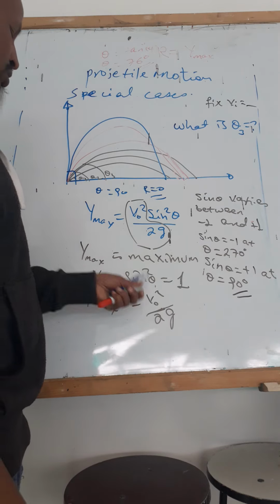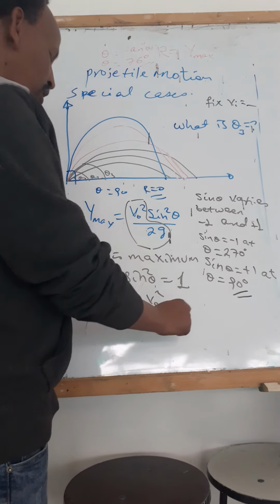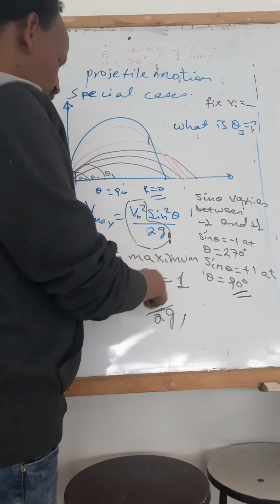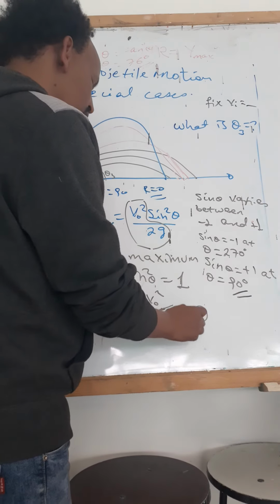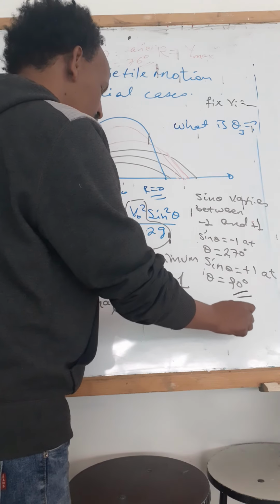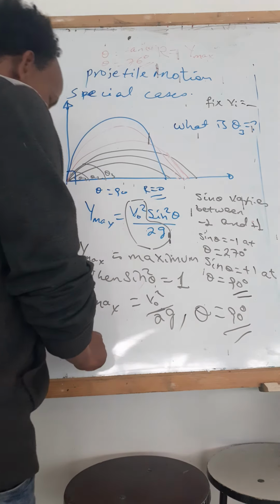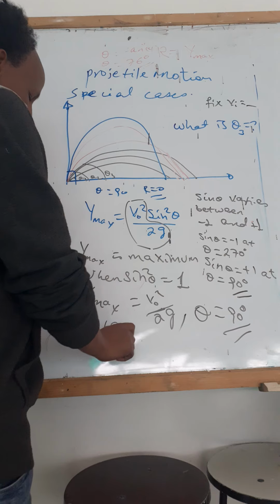Therefore, for your maximum height, theta has to be 90 degrees, and it is vertical projection.